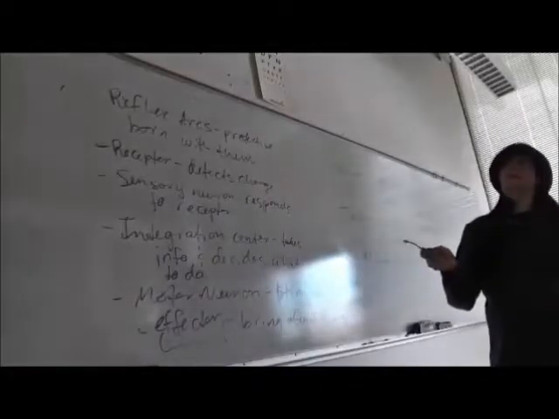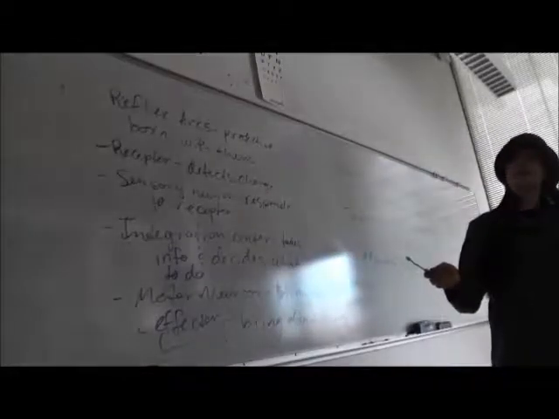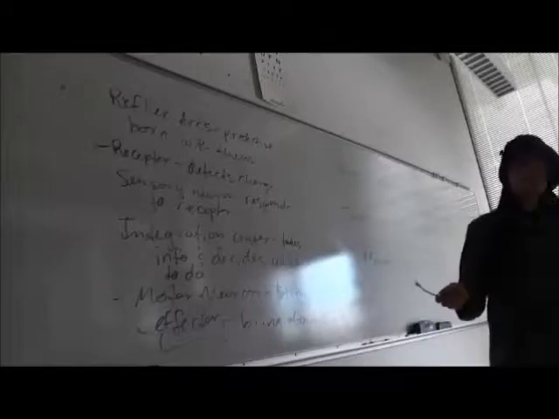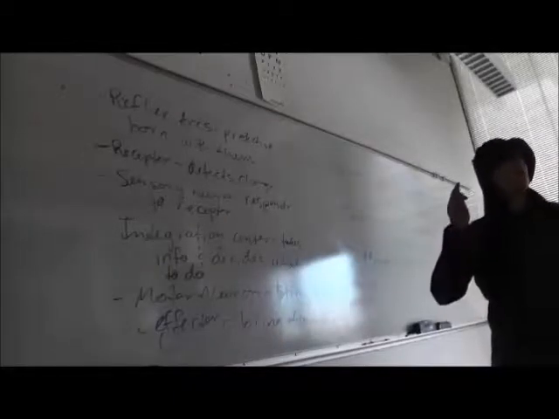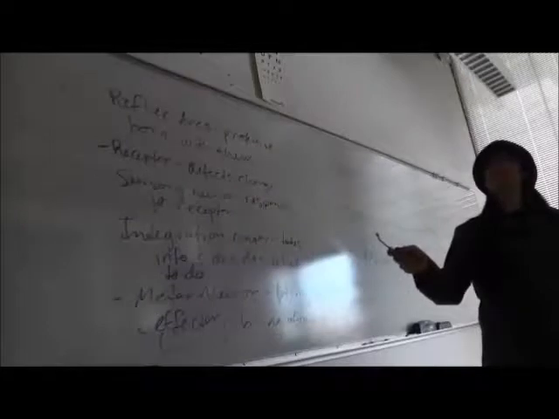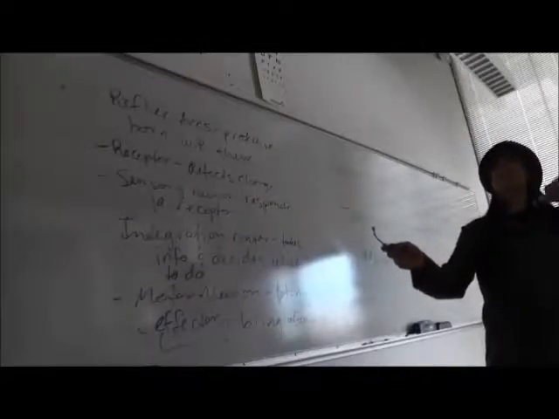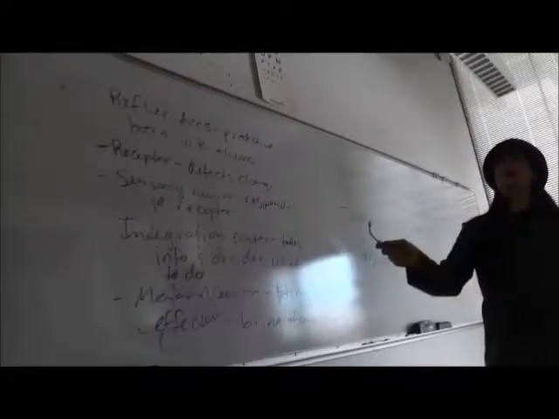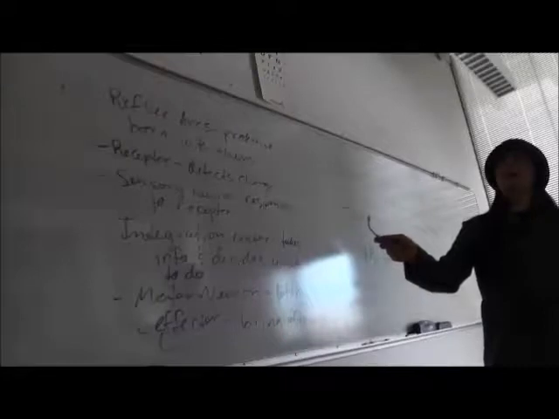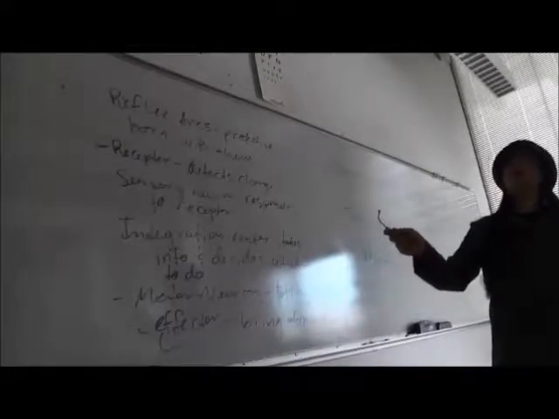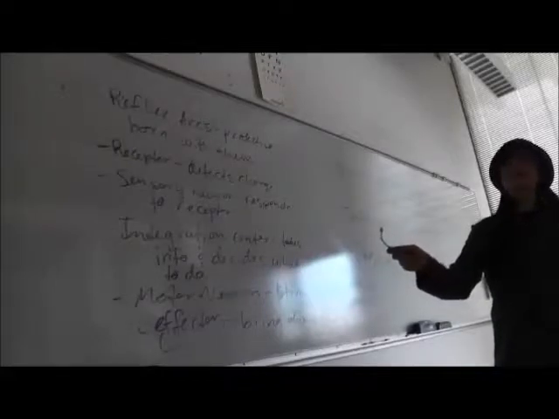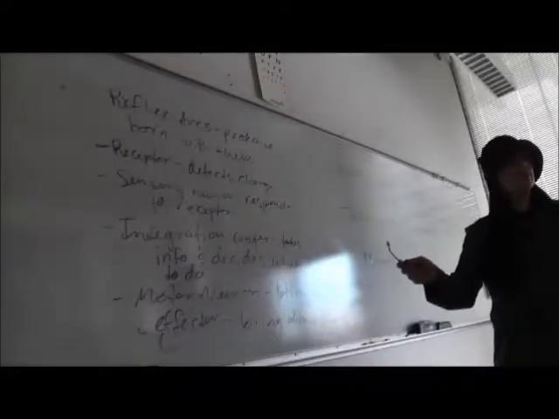The crossed extensor reflex is attached to this. The flexor reflex, pulling away from it, is one part of it. But what tends to happen is the sensory neuron is synapsing onto an interneuron that has multiple branches, and one of them is going to cross over and cause what we call the crossed extension reflex. Again, in the arm it doesn't make so much sense because you're not usually used to feeling this.